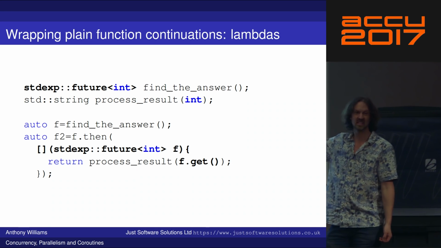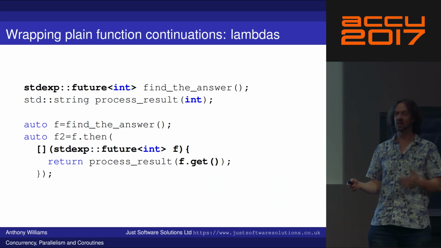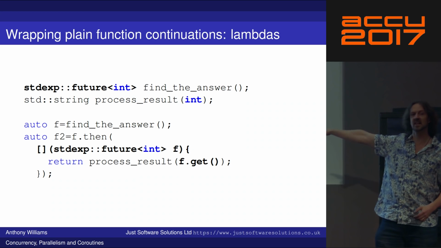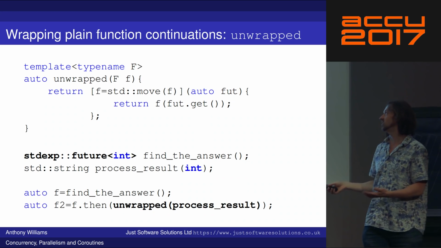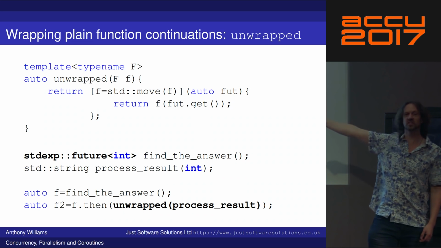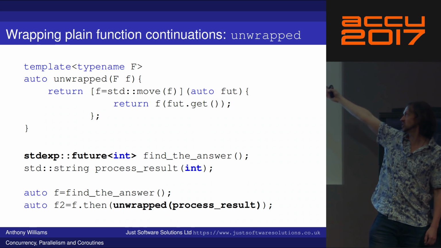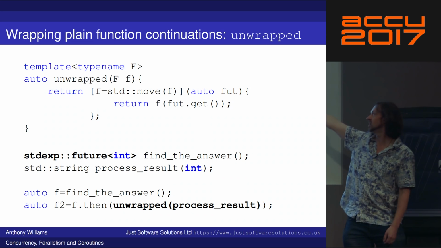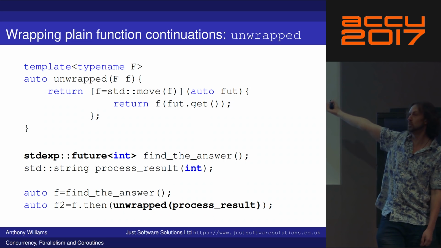So it's there, but it's lambdas. Some people don't like lambdas, or at least think that the overhead here clutters your code. So alternatively, you can write a very simple function that encapsulates that for you. So we have this unwrapped function at the top. It takes any callable thing f that you can move into the lambda.